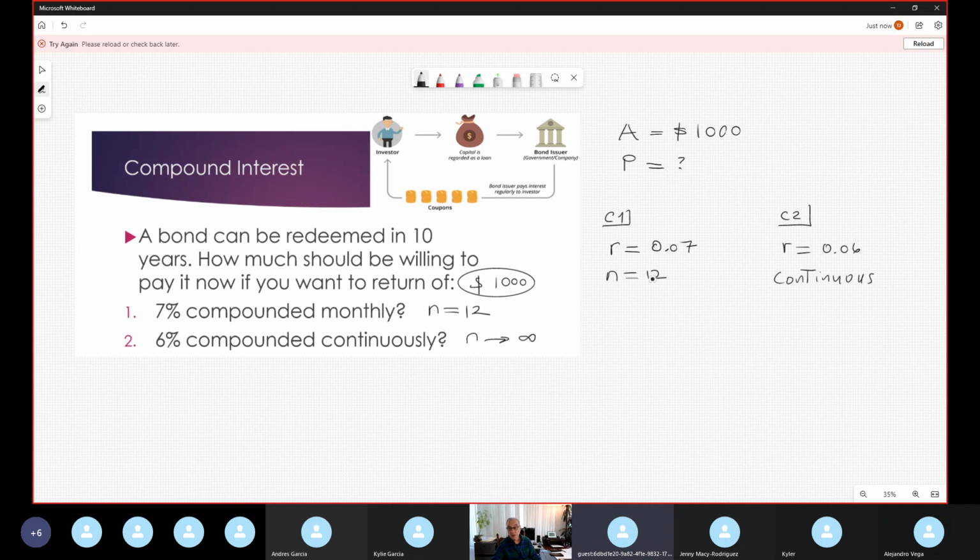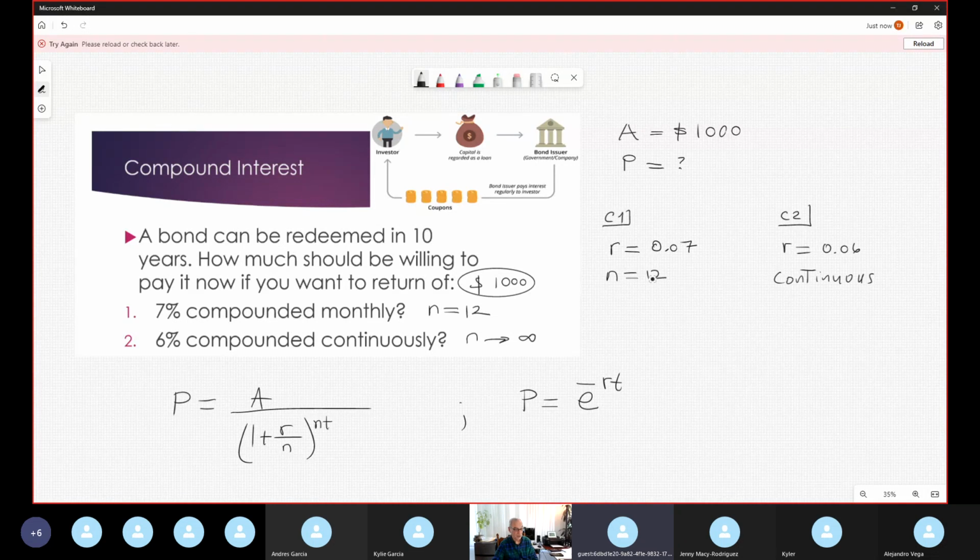For continuous, the only thing that changes is the formula. The formula for the present value, our unknown, is present value equals future value divided by 1 plus R over M raised to the NT. And the formula for the present value in the continuous case is e to the minus RT.